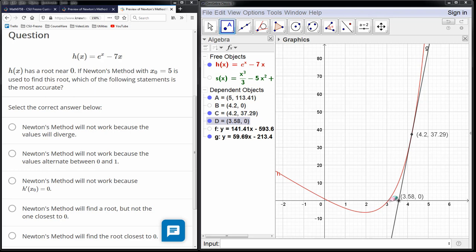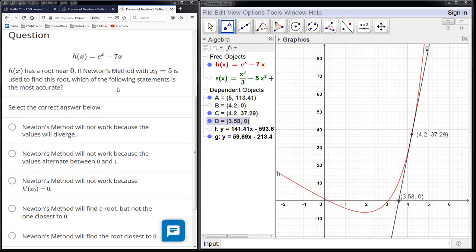But the problem is I'm going to be getting closer to the x-intercept that's near 3. If I continue this process, I'm going to get closer and closer to this intercept around x equals 3, and I'm not going to get anywhere close to the x-intercept around 0, which is the one that the problem was asking for.